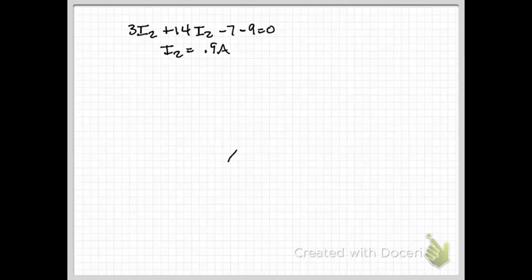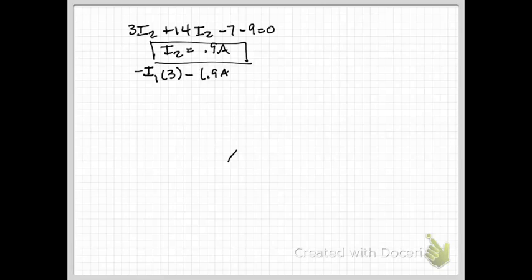Plug that back into the other equation with I1 and I2, and we end up with minus I1 times 3 minus 0.9 amps times 3 ohms plus 6 is equal to 0.